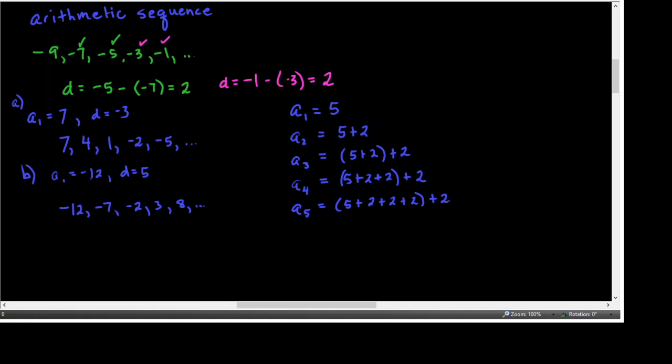Is there a way to find a formula for the nth term of this sequence? Well, let's go back to the fifth one for a minute. Notice that all of them have this in common, that it's 5 plus some number of 2's. And repeated addition is done faster with multiplication. So how many 2's are there here? Well, there are 4 of them, right?